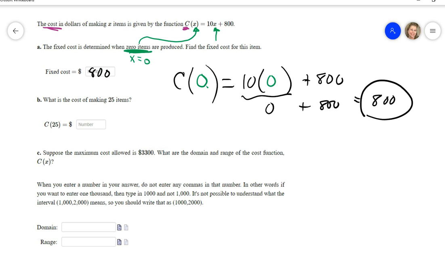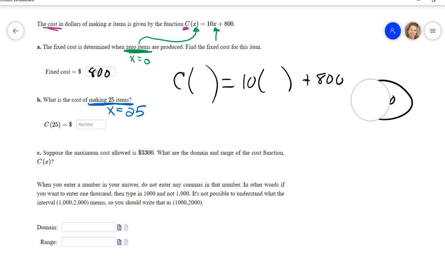Part B says, what is the cost of making 25 items? So now we're looking at when X is 25. So just to make this really easy, I'm just going to erase my 0 here. This is Lazy Teacher 101 right here. You're now going to plug the 25 where the X's are.